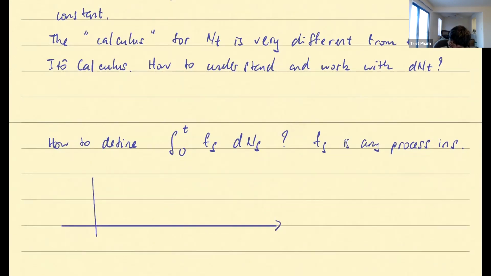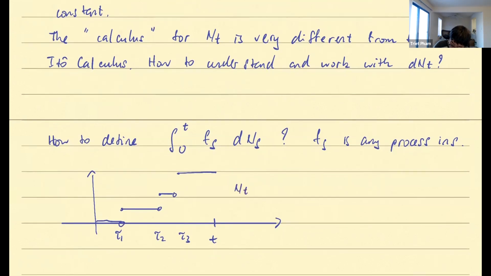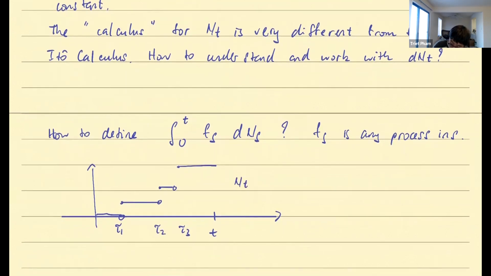So here's a path. Suppose here's t. First, your N starts at 0, and then it jumps, and then it jumps like that, for example. So suppose that it jumped 3 times. So here's tau 1, tau 2, tau 3. And of course, we denote the value like this. So this is Nt. Okay, so this is right continuous.